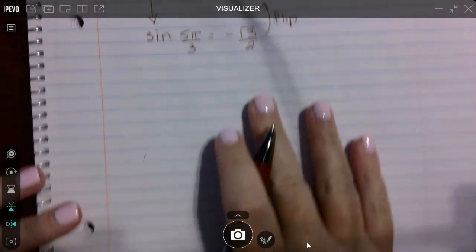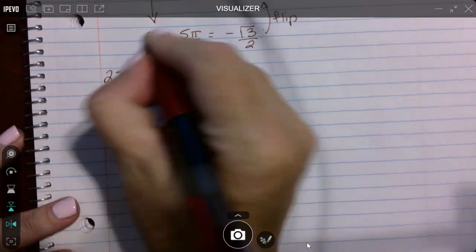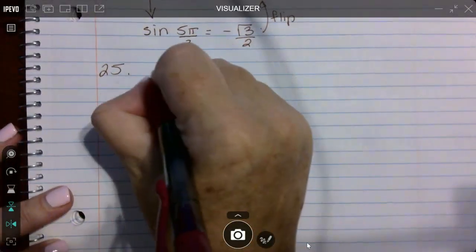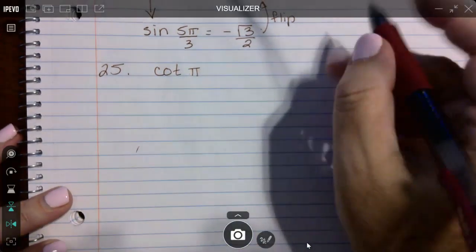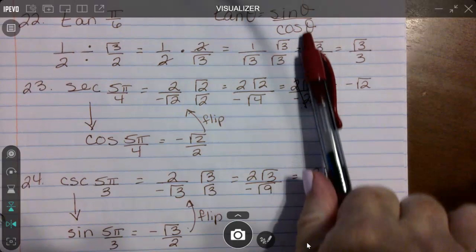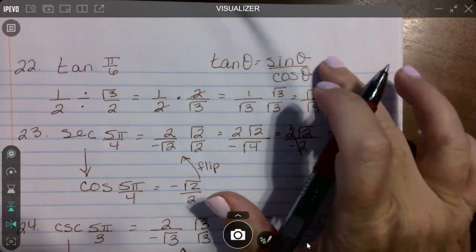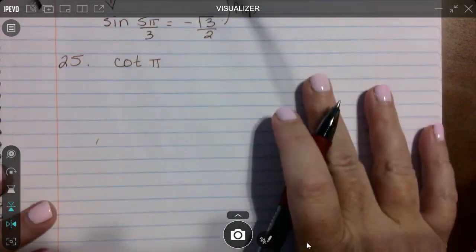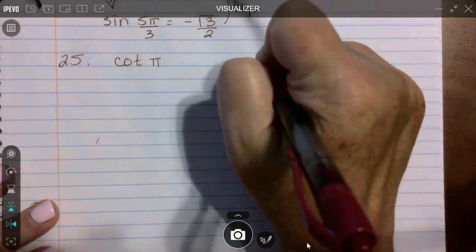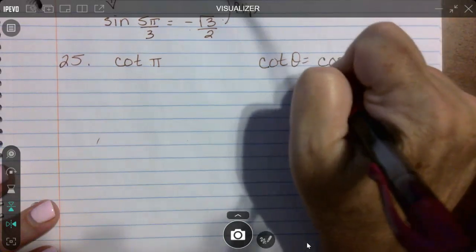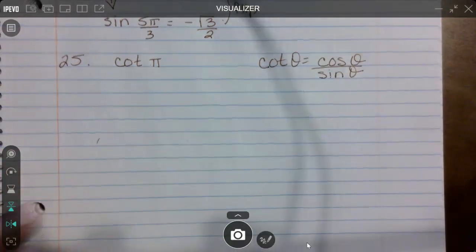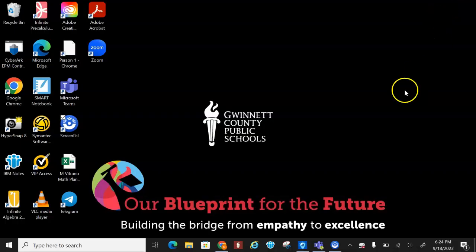And then last but not least, 25. Is cotangent pi. Now, if tangent is sine over cosine, then cotangent is cosine over sine. Okay, so let's get that unit circle up.